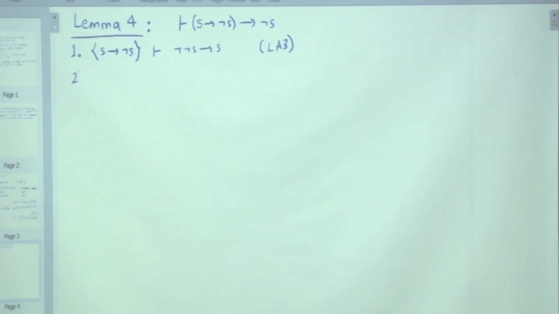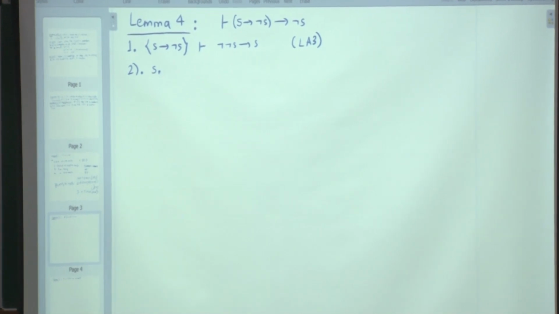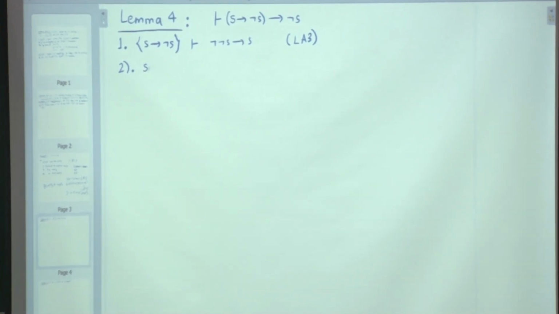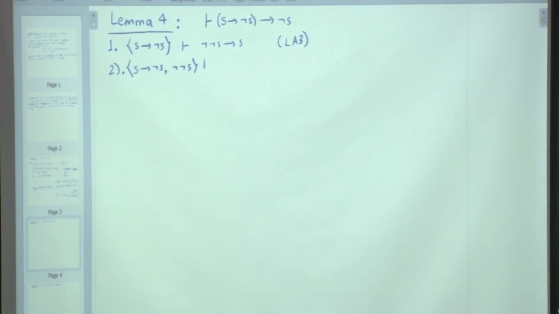LA3, okay. Second, we are going to bring S implies negation S and double negation S, both of them over here, and this is just the deduction theorem. Third line, we use NLA and then MP. If I tell you these two reasons, which NLA should I use?